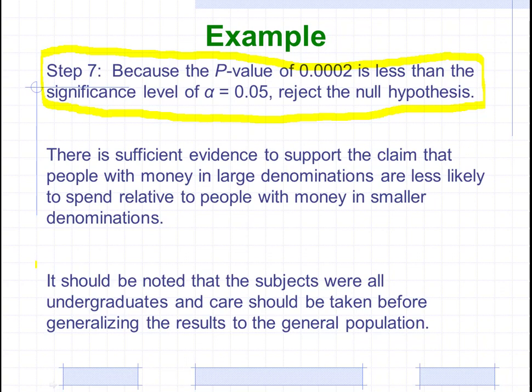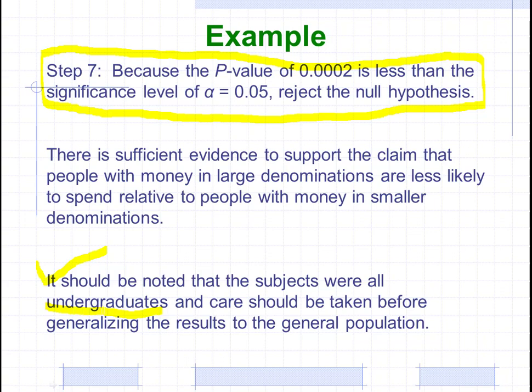Now, one of the things that we need to be careful of is all these subjects were college undergraduates, so we can't generalize this to the whole population. Our sample has to represent the population we want to make inferences about.